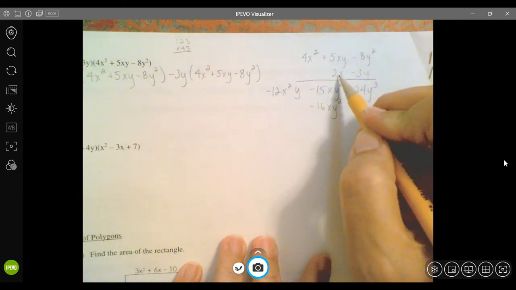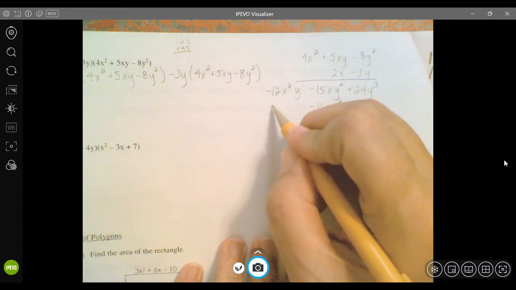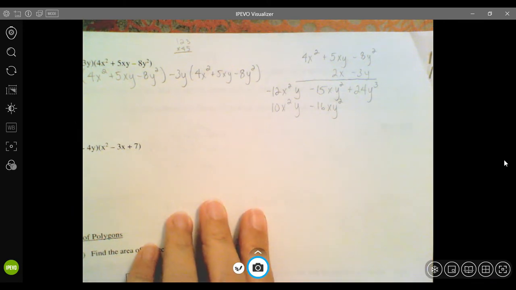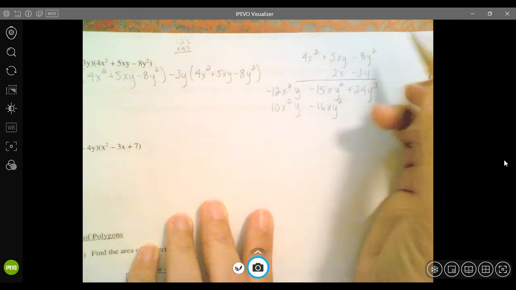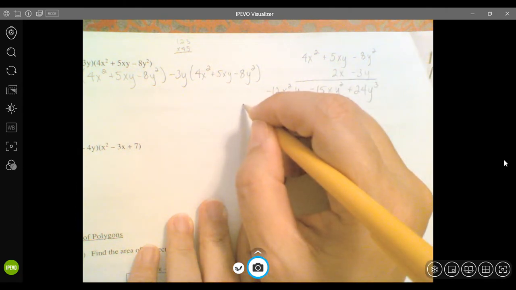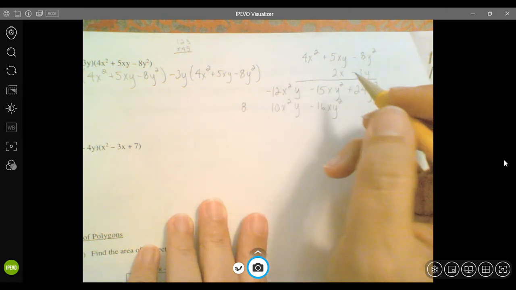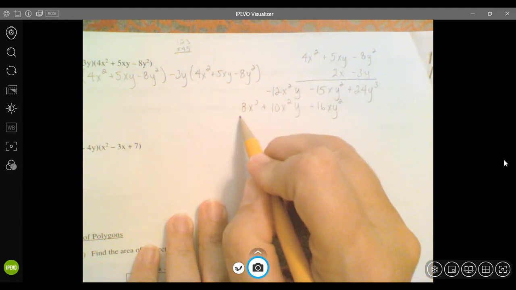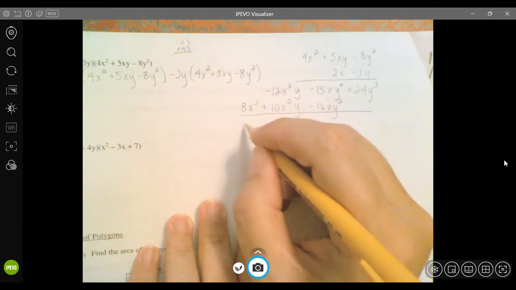I take 2x times 5xy, and I get 10x squared y. Like terms again. And then I take 2x times 4x squared, and I get 8x cubed. And now I line up my like terms.